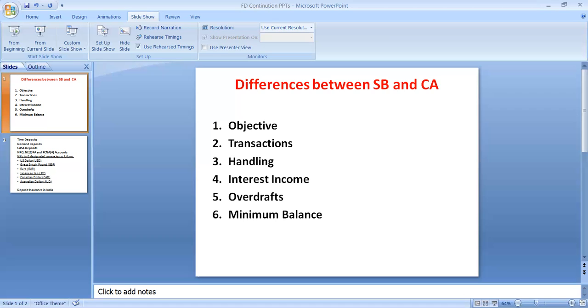And the fourth difference is as far as interest income. Generally, the current account does not earn interest. The saving accounts earn around 3% interest at present in India.